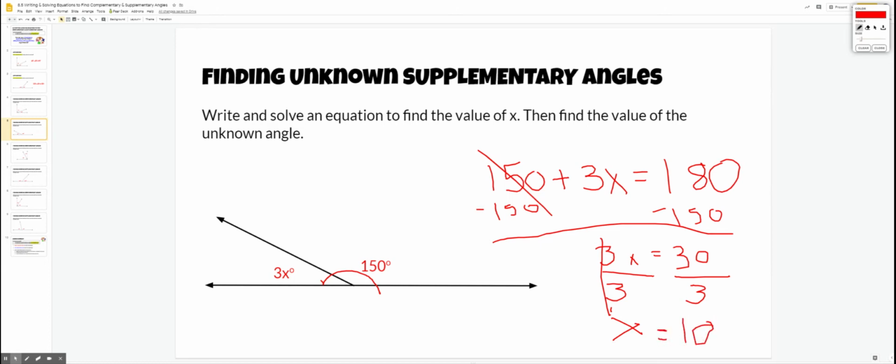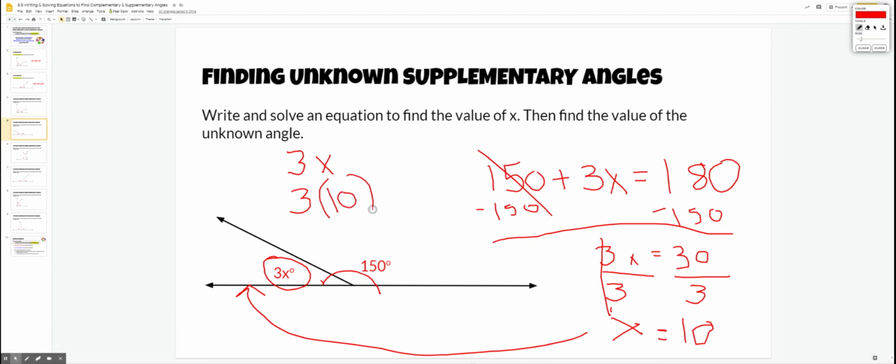Okay, so now we know that x is 10. So we have to come over here and use that to find the measure of this angle. So right now we know that this angle is equal to 3 times x. Well, we know that the value of x is now 10. So let's go ahead and plug that in. 3 times 10 is going to give me 30 degrees.